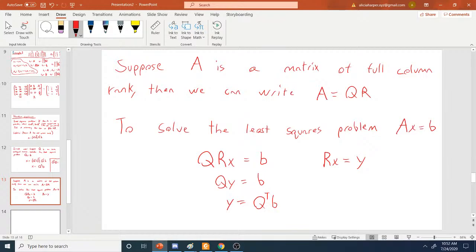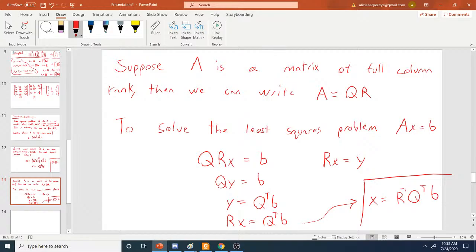But then we recall that y is equal to Rx. So we get Rx is equal to Q transpose b. And finally, we find that x is equal to R inverse, because we know that R is invertible, times Q transpose b.